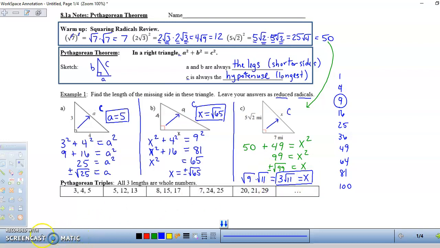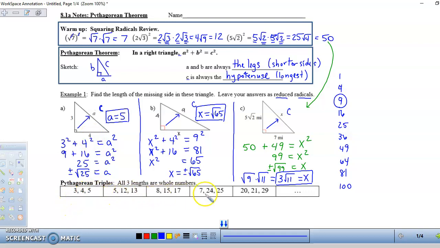Okay, now the other thing you have is Pythagorean triples. So you can see right above here, this is considered a triple because all 3 side lengths are whole numbers. Okay, so what we have is 3, 4, 5 is a triple because 3 squared plus 4 squared equals 5 squared.